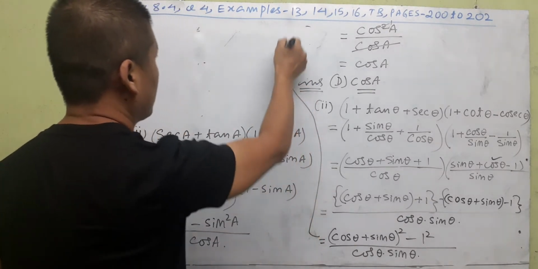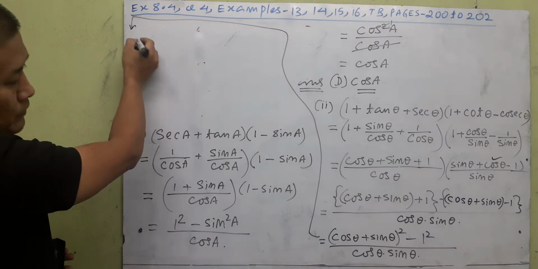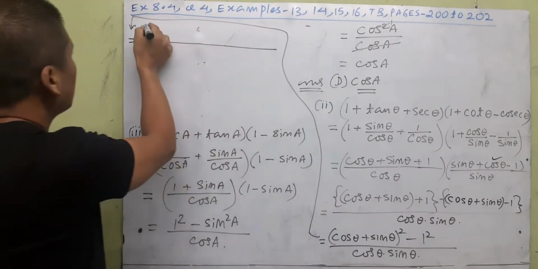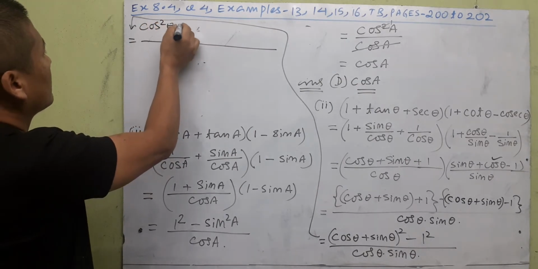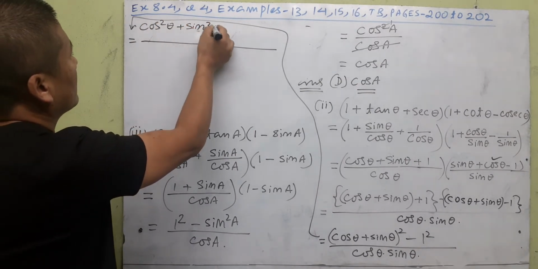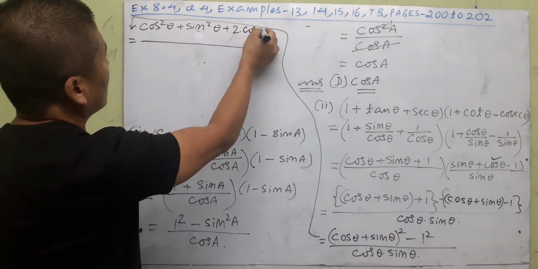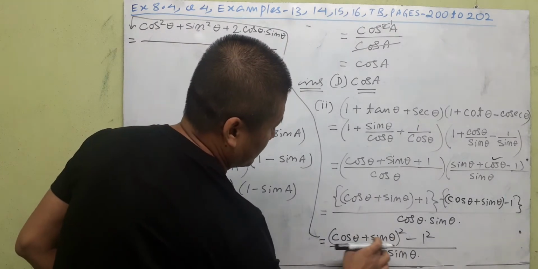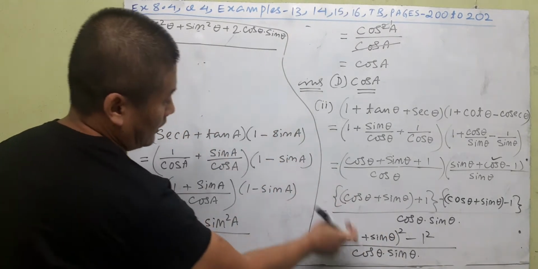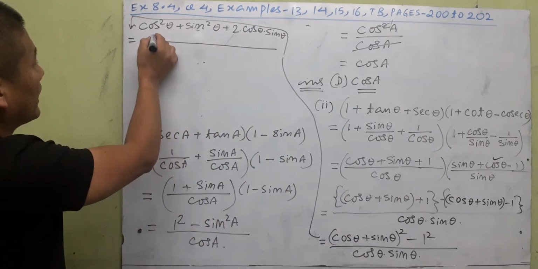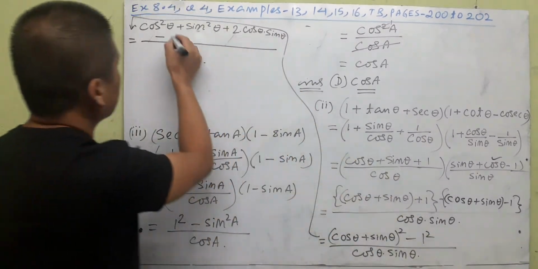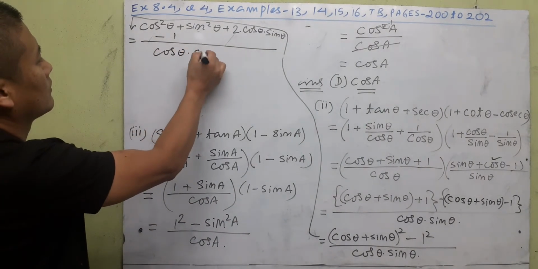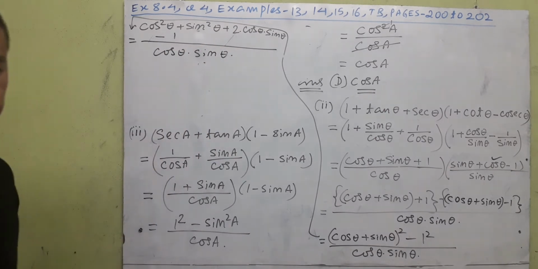So from here, that will be equal to, let us apply the A plus B whole square formula. Then we'll get A square plus B square plus 2 into A into B. Minus here, 1 square can be simply written as 1, divided by cos theta into sine theta, right?